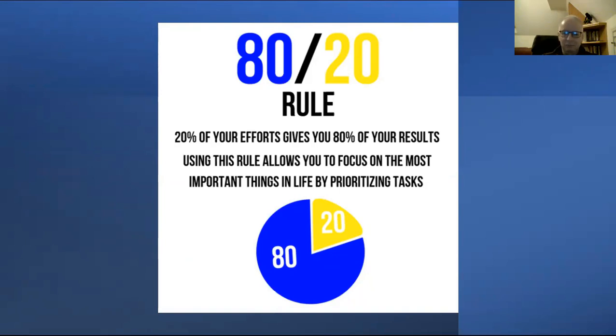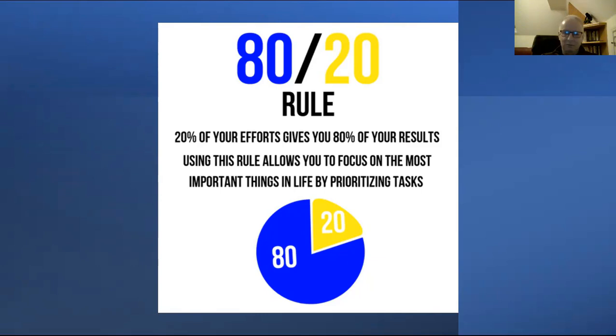Okay, this is a proven formula that basically, if you analyze almost anything, you'll always find that it's 20% that produces 80%. 20% of the activities will produce 80% of the results.